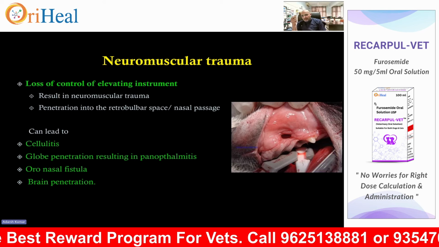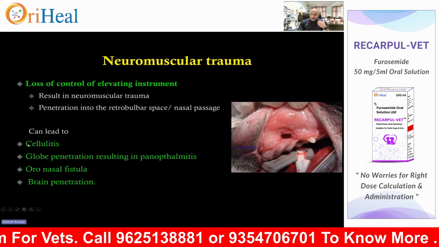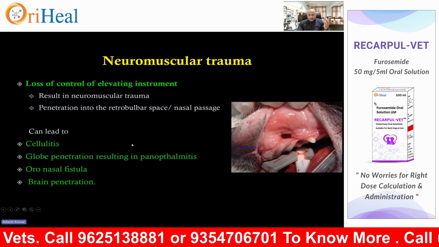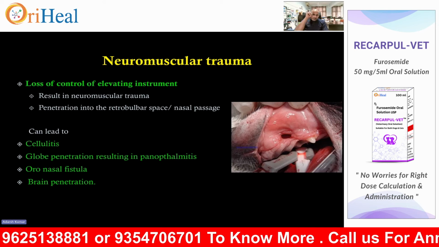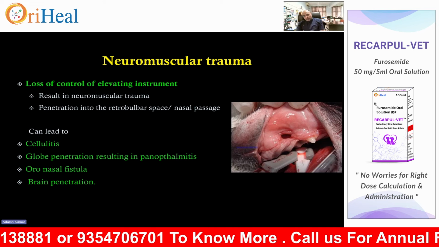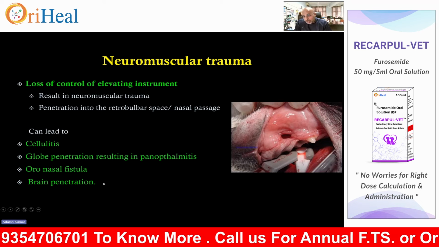And thus oronasal fistulas are created, right? It can go into the infraorbital foramen also. So it can lead to cellulitis, it can lead to globe penetration, sometimes eye penetration, leading to panophthalmitis, oronasal fistula, and sometimes brain penetration. So when we are applying too much force.